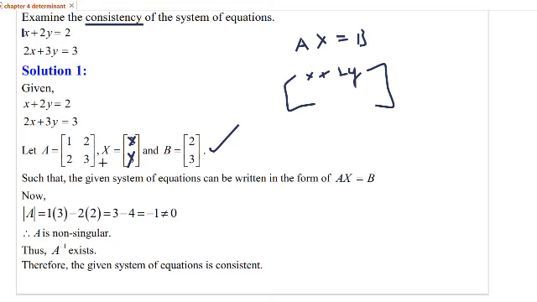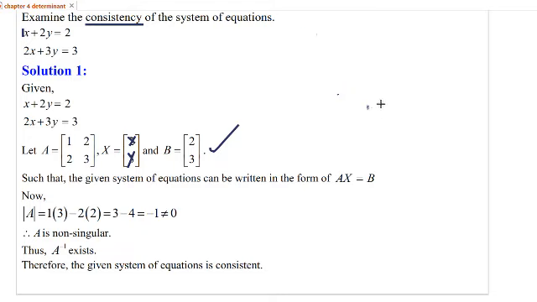And similarly for the second row, you'll get 2x plus 3y. According to the question, x plus 2y is 2, and 2x plus 3y is 3, so this matrix is 2, 3, which is B. So AX is equal to B. I hope you understand this fact. I have proved it for you.